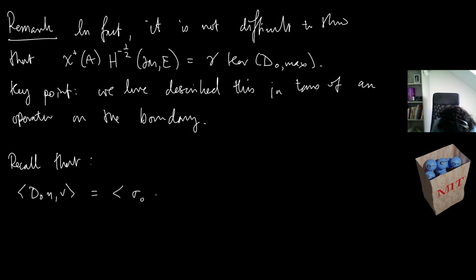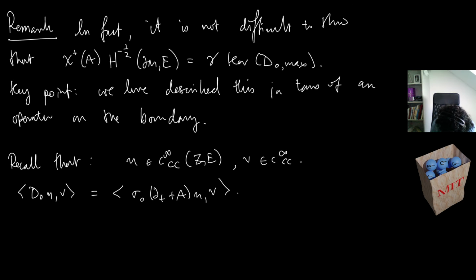So sigma naught dt plus A, u, v. This is for u compactly supported in the interior, not touching the boundary, v in C infinity compactly supported.